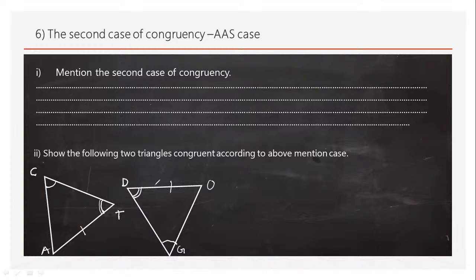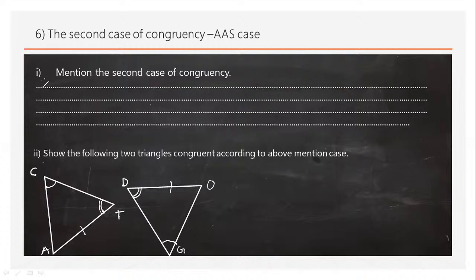If two angles and a side of one triangle are equal to two angles and the corresponding side of another triangle, then the two triangles are congruent. So we will mention it.